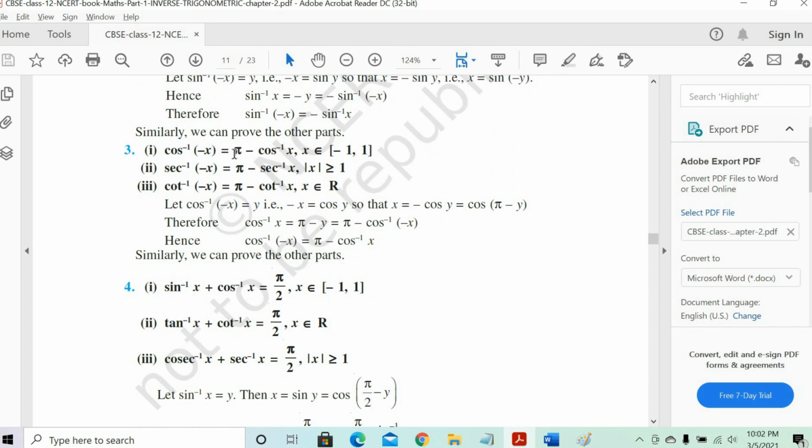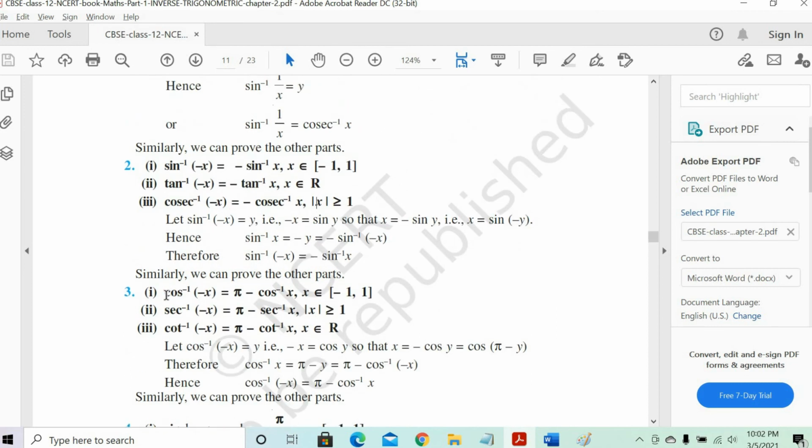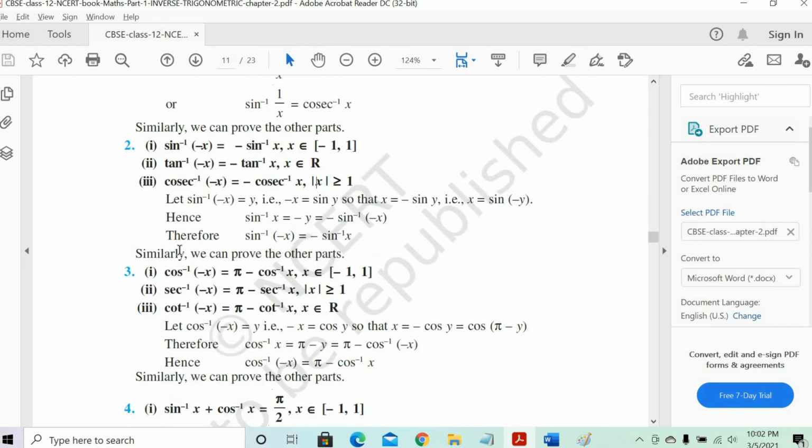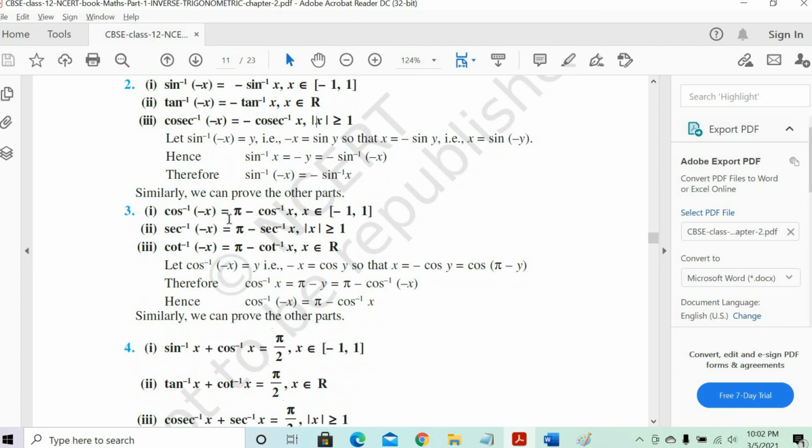The next part I'll cover in the next class. For this part, just revise whatever we have done so that it syncs in properly, because after that it's just the pi minus thing. For secant inverse, everything will be pi minus. In the next class we'll finish all the properties.